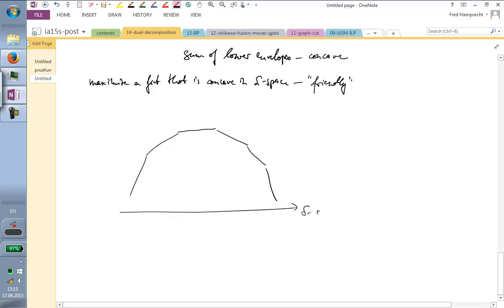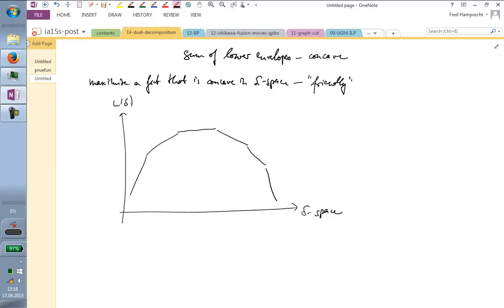Here's my 1D sketch of delta space, and here I'm showing L of delta, and we want to maximize this function.